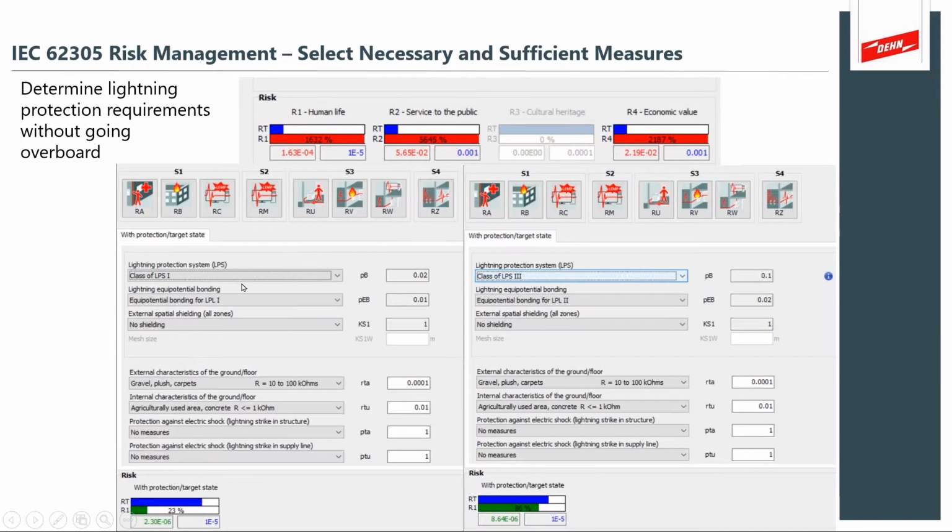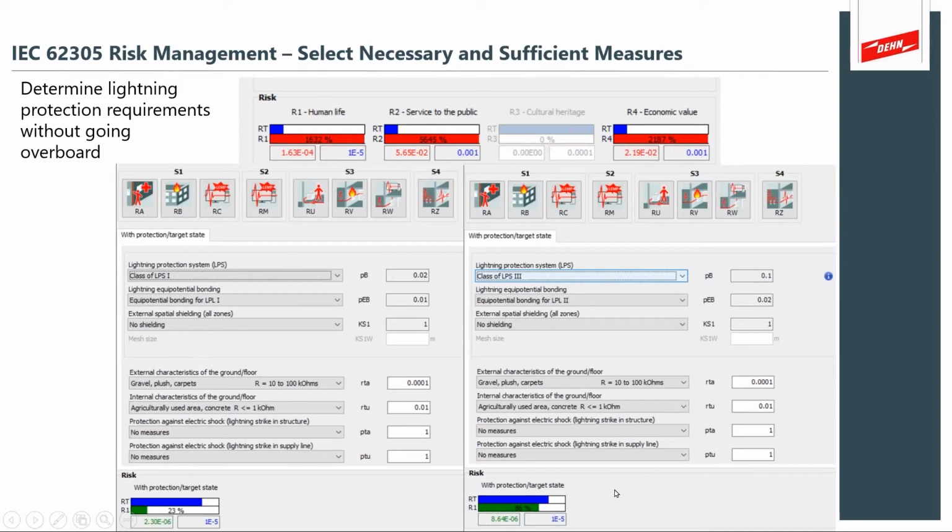And then when you start to apply protection measures, like the class of lightning protection system, we can see that an LPL level 1 will be a little bit overboard. You can control the risk to well below a tolerable threshold. But we can also show that you can apply a lower lightning protection level, such as LPL 3, and control your risk without going overboard.